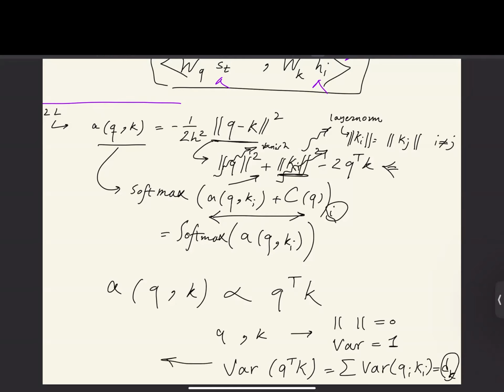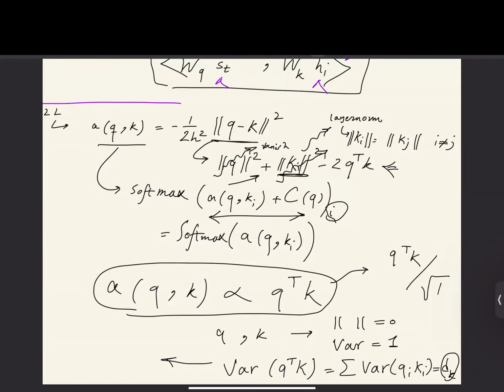So how do we control this? We want to make sure the variance is not exploding with dk, and to do that, it's enough to divide by the square root of dk. This is the notion of scaled dot product. Using this, if you compute the variance, it will be 1.